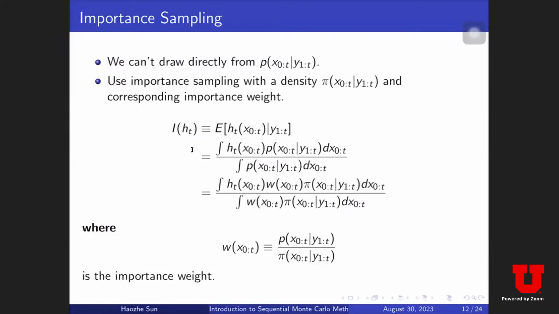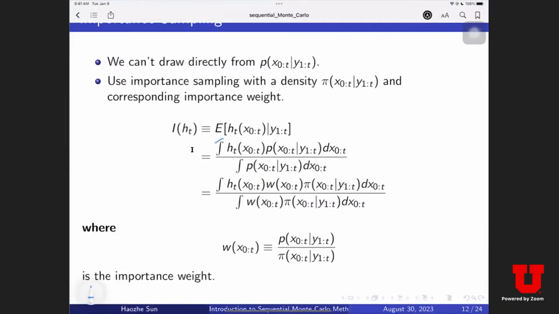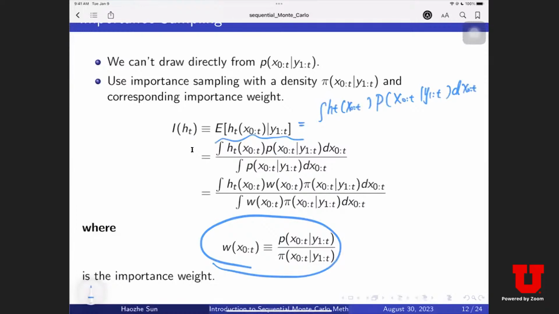The importance sampling density must be chosen so that its support includes the support of P, and we will have IHT equals EHT, which equals the integral of HT(x0t) P(x0t|y1t) dx0t, and this one usually equals 1, and we want to do the normalization. We replace the W for the P, and we will get this equation.